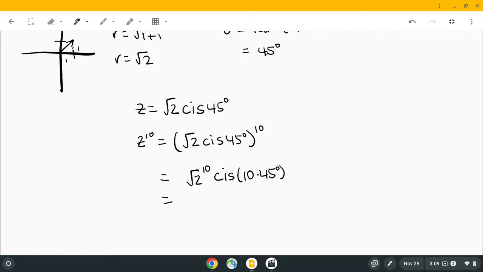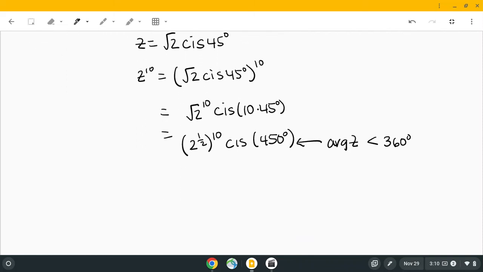Now, square root 2 is 2 to the 1/2, and then this angle is going to be 450 degrees. Remember, arg z has to be less than 360. So let's do 450 degrees minus 360 degrees, and that will give us 90 degrees.